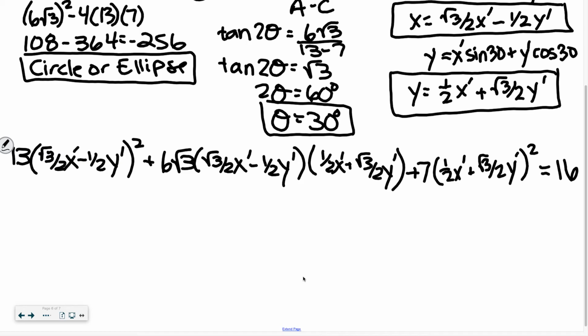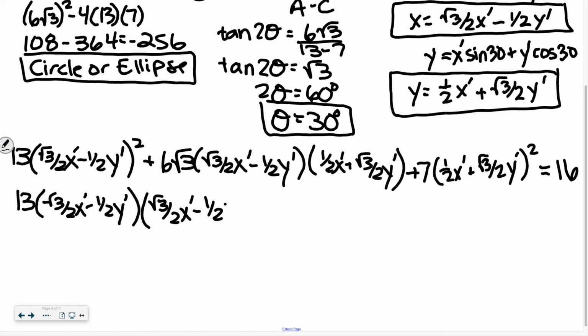I'm going to start with this first one, and I'm going to rewrite it as 13 times square root 3 over 2 x prime minus 1/2 y prime, and then square root 3 over 2 x prime minus 1/2 y prime, because if you're squaring it, you're multiplying it by itself. Now, if you know the pattern for squaring a sum or difference, you can use that pattern. But I will just FOIL them out.